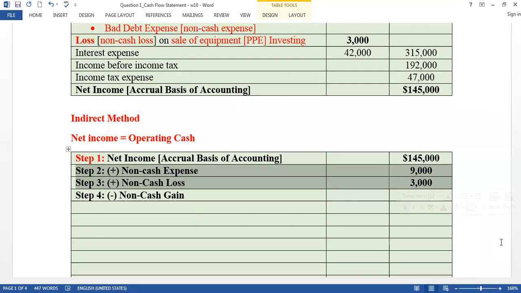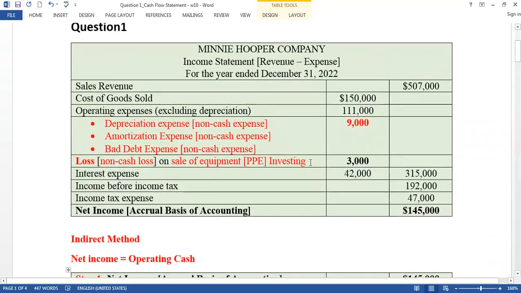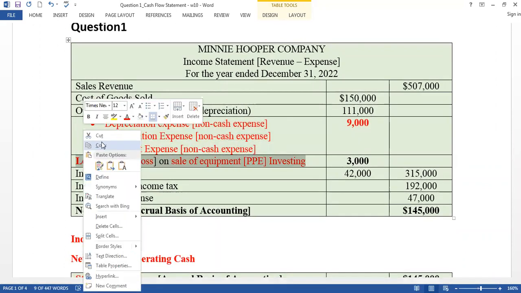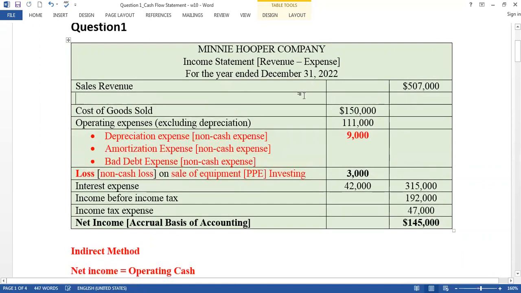Clear? Now, what if we have a gain here? For example, we do not have a loss, we have a gain. This question does not have this information, but I can write it here. If we have a gain, it goes under revenue. For example, the gain is $3,000.